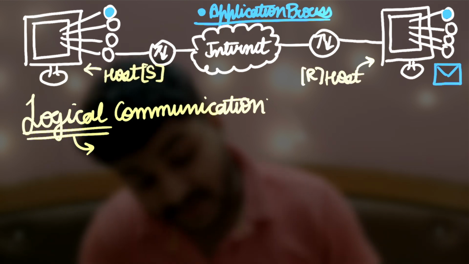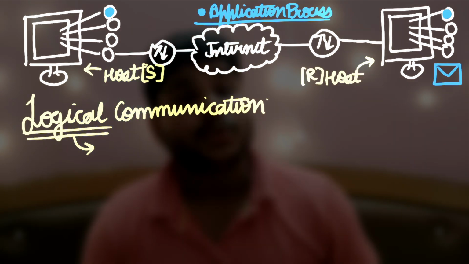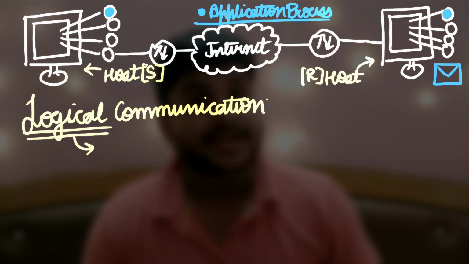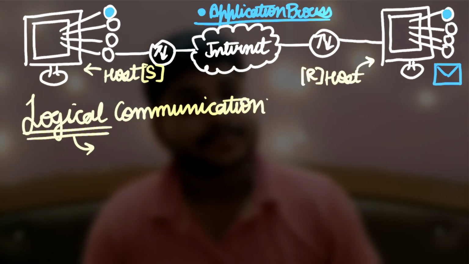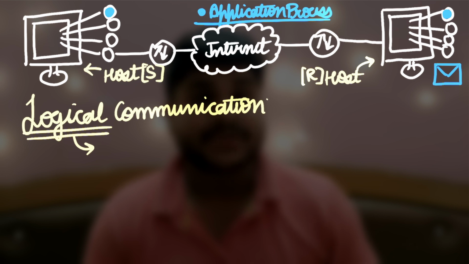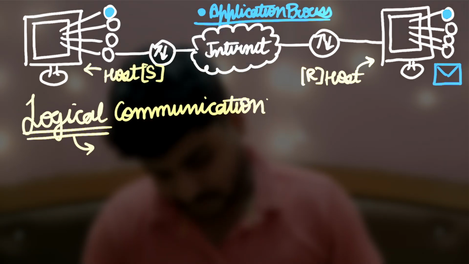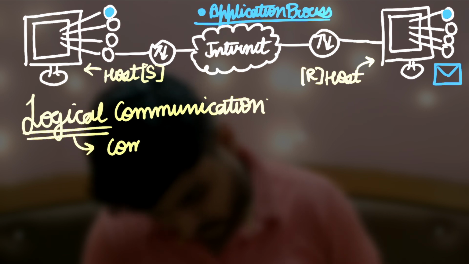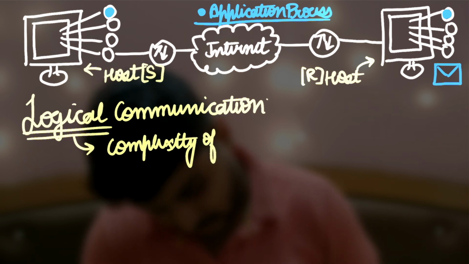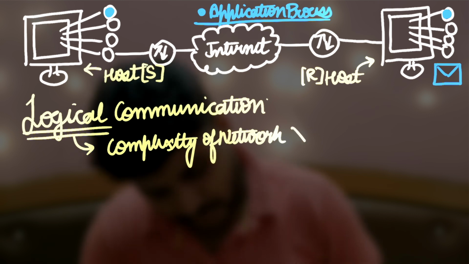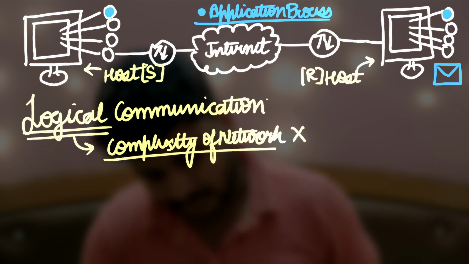There's a possibility that the hosts are directly connected, and there's also a possibility that the receiver is on the other side of the world. We don't really care about the complexity.